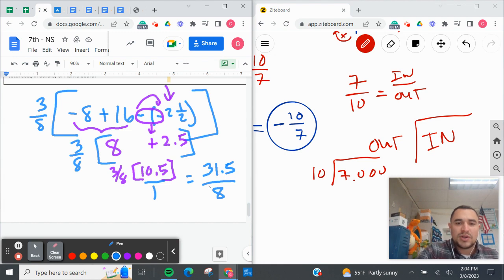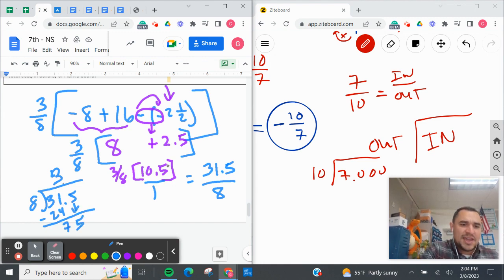How many times does 8 go into 31.5? You can do it long division. 8 goes into 31. 8, 16, 24, 3 times. 24. That becomes a 7. Bring down the 5. Bring up my decimal.